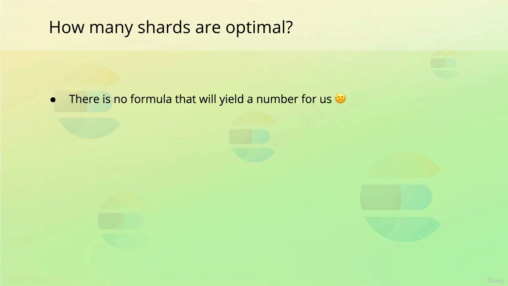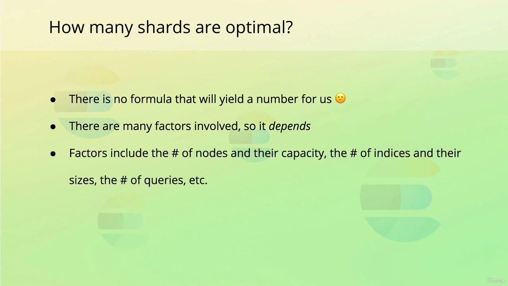Unfortunately, there is no correct answer to this question, other than it depends. I know that's probably not the answer you were hoping for. There is no definitive answer to this, because it depends on a number of factors, such as the number of nodes within the cluster, the capacity of the nodes, the number of indices and their sizes, the number of queries run against the indices, etc. Needless to say, there are a lot of variables involved, so there's really no formula that you can use.